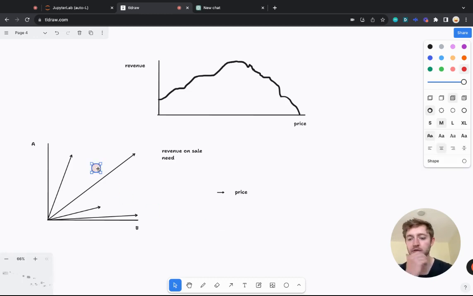This is our vendor, and they have to place their valuation somewhere in this space. Depending on where they place their valuation, there are two components to this: where they place their valuation, and then there's their need. So let's say how big this circle is.